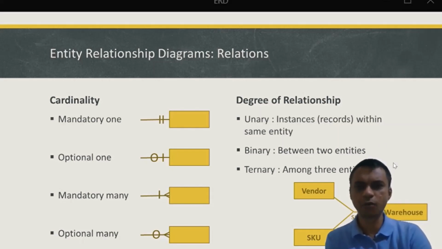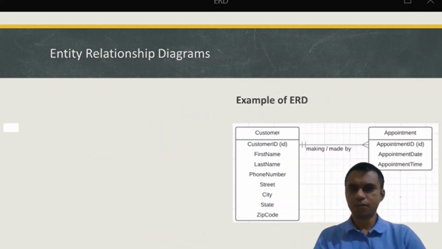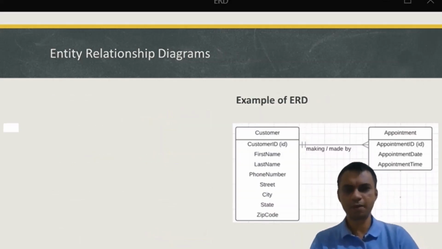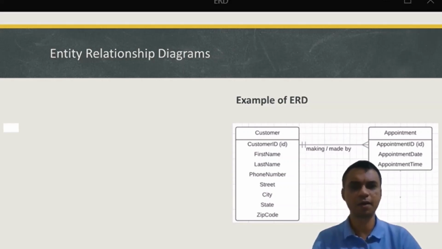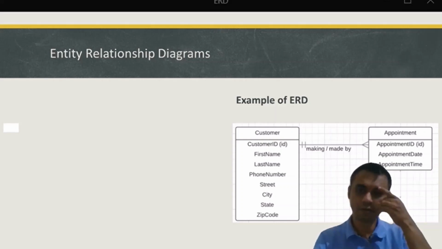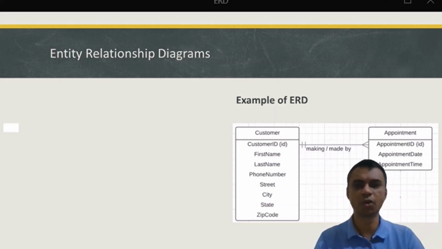Next, we'll try to see some examples. This is the first example I would like to share, which is the relationship between a customer and appointments. Let's say you are a beauty salon, or a hospital, or any such place.